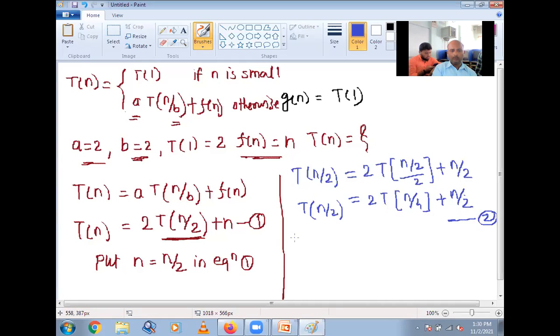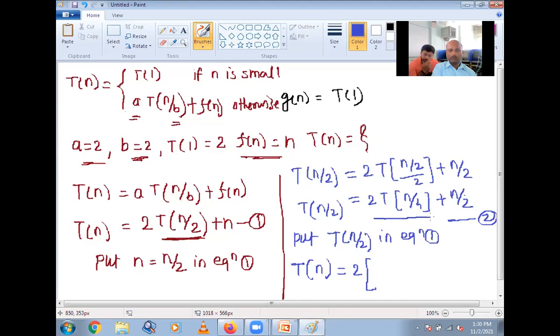So put the value of T of n by 2 from equation 2 in equation 1. So here we get T of n is equal to 2 into T of n by 2.